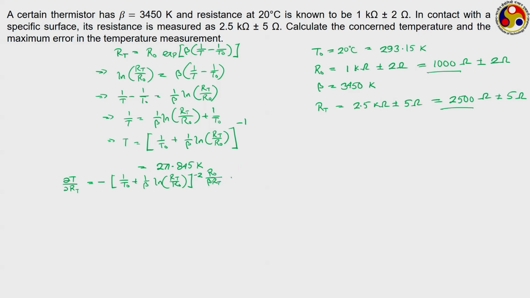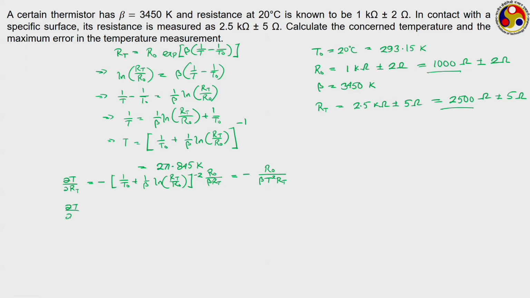Or we can probably write this one as minus R naught by beta T square RT. So, the corresponding value you can calculate.